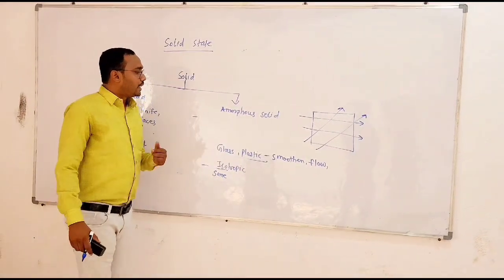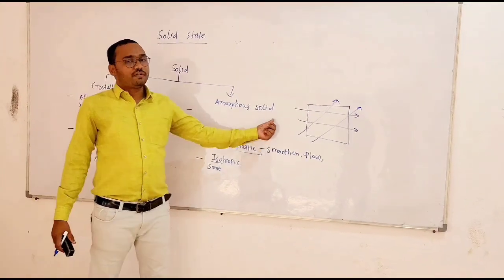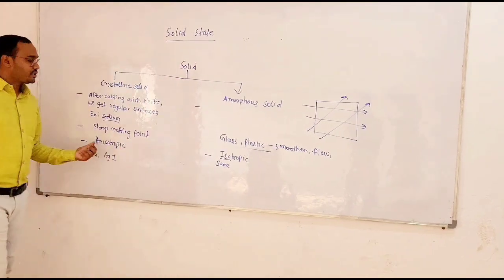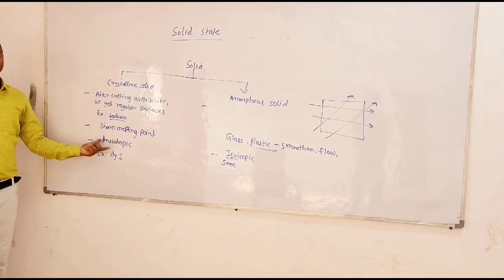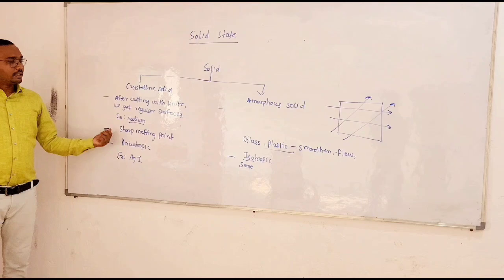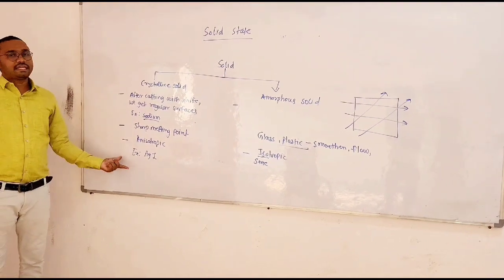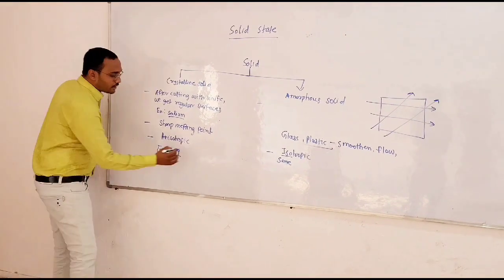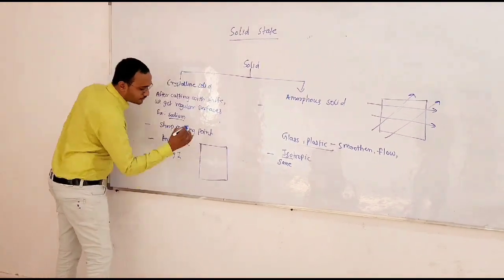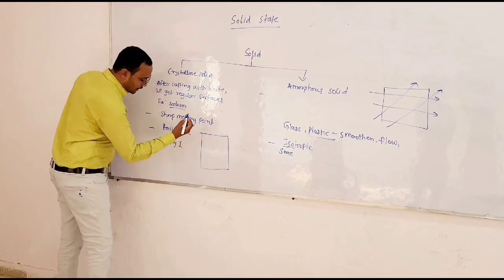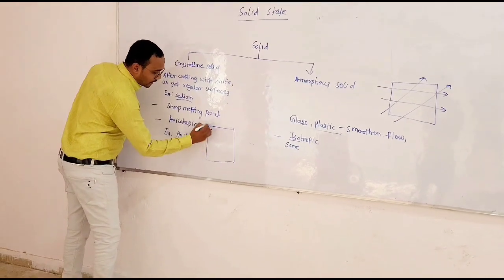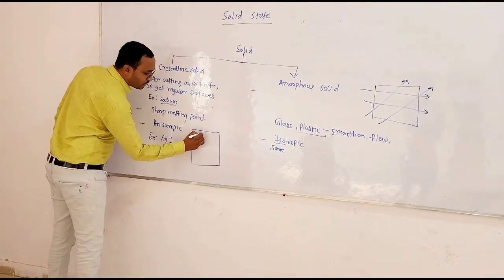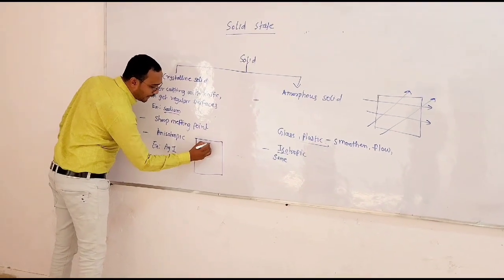Whenever we calculate refractive index of amorphous solids in different directions, we get the same value. But in case of crystalline solid, we do not get in all directions the same value of properties. Example, sodium iodide. Suppose a solid made up of two types of particles, A and B.